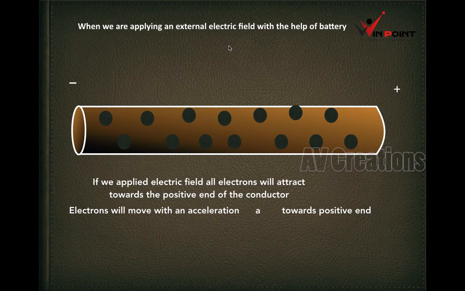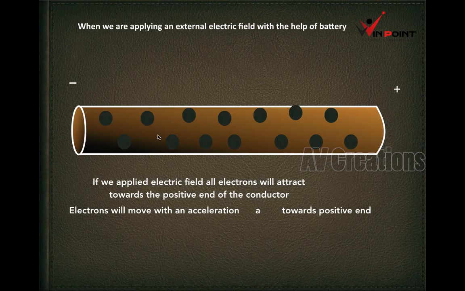But the main point is that if we apply an electric field, the electron will move towards the positive end, but during this movement the electron will collide with atoms. The electron is moving, collides, and stops. Then again it accelerates, collides with the next atom, and stops. Again it accelerates, collides with the next atom, and stops.